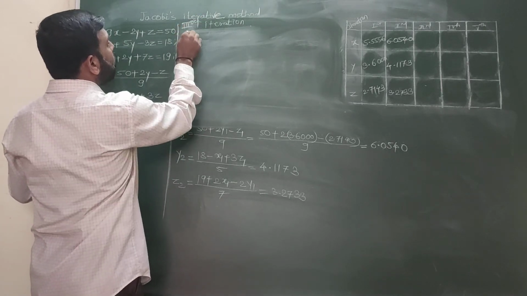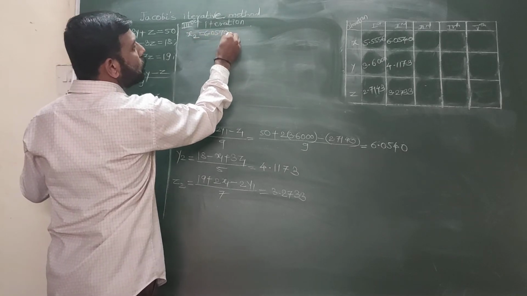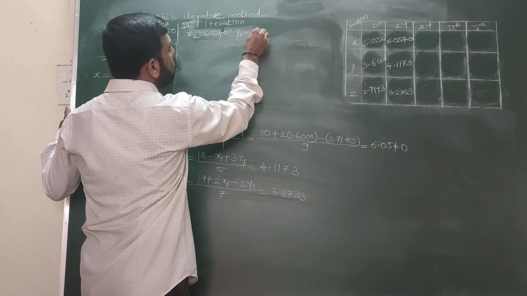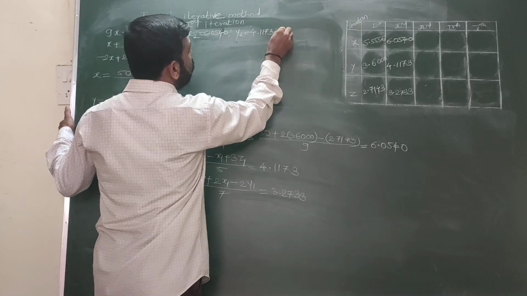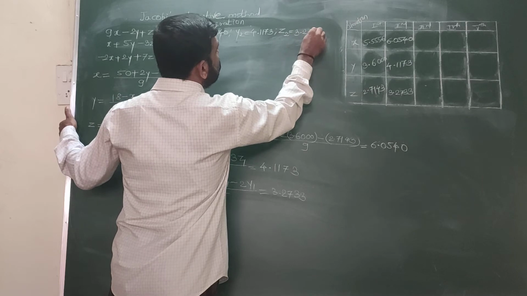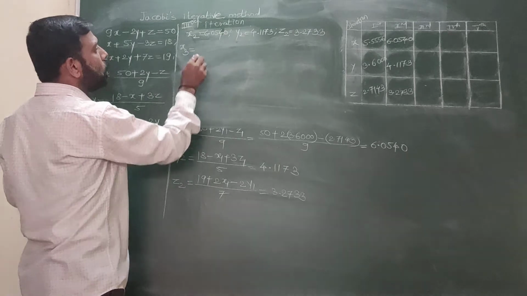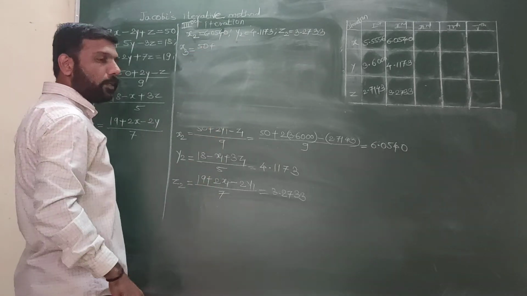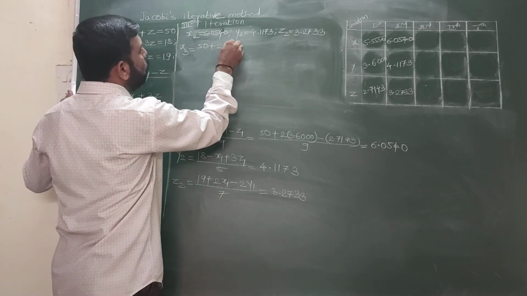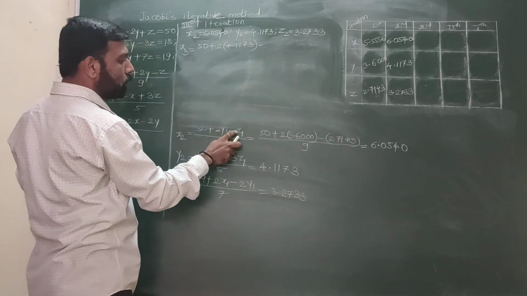In the third iteration, fix the value of x2, 6.0540, the value of y2, and the value of z2, so that x3 becomes this. Here I am directly putting the value for y2. You can do the calculation like this onwards, with z2.